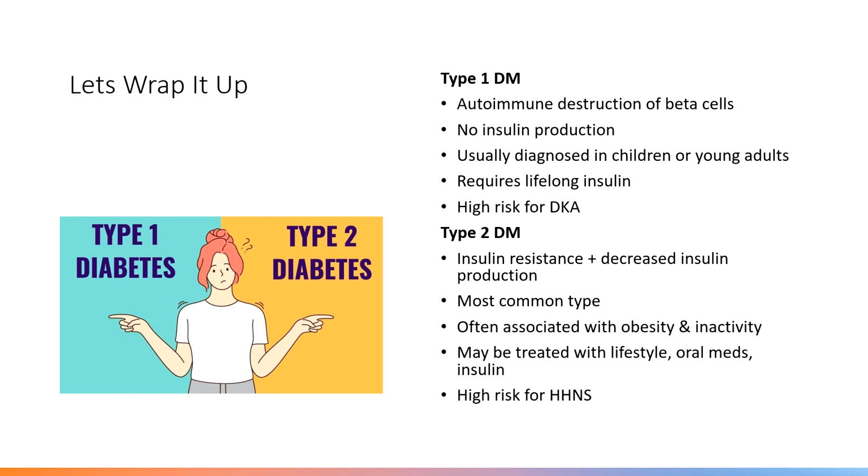These patients are going to need to take insulin for life and are at risk for DKA, diabetic ketoacidosis. Your type 2 diabetics, their problem is caused by an insulin resistance and relative insulin deficiency. It is more common, often develops later in life, and is strongly linked to lifestyle factors. And these patients are more likely to develop HHNS.